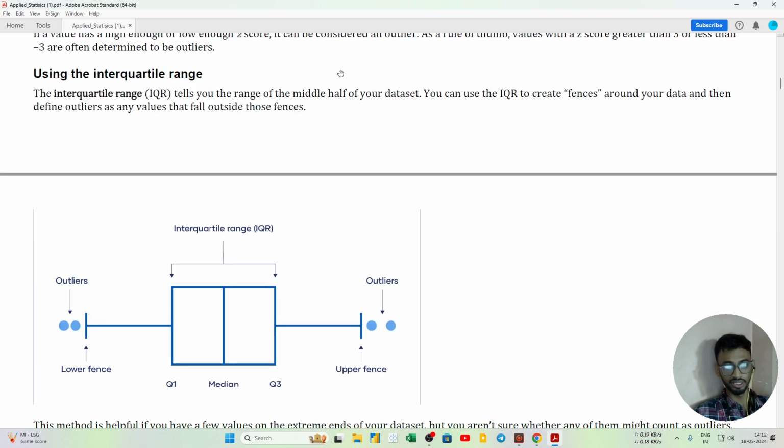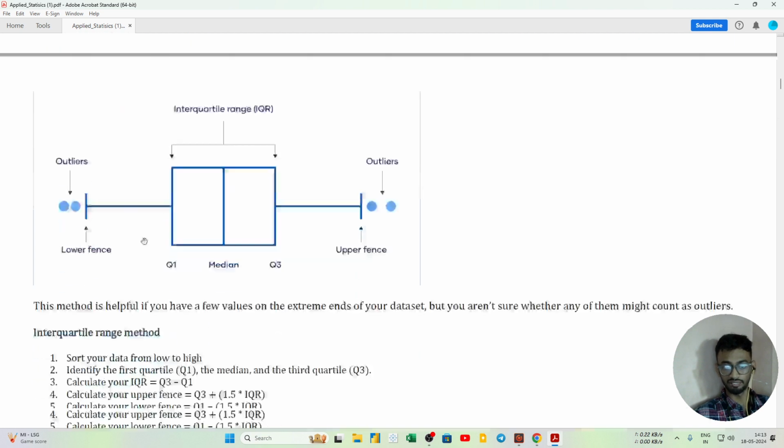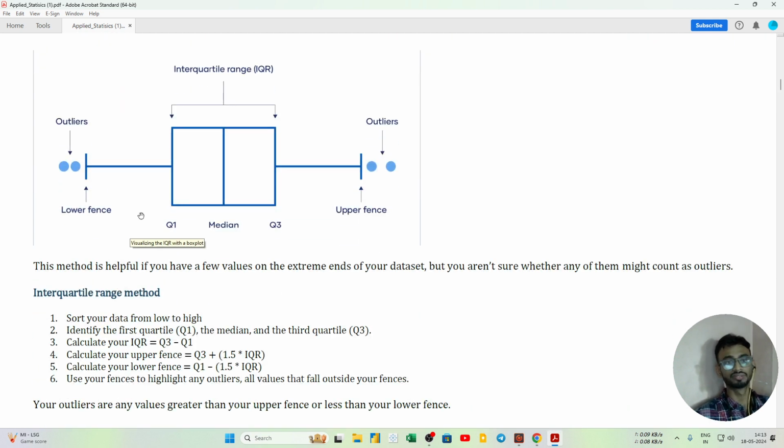And for using the interquartile range, the interquartile range tells us the range of the middle half of our dataset. You can use the IQR to create fences around your data and then define outliers as any values that fall outside the fence. So this is the structure of a box plot. In the box plot, this is the lower fence, this is the upper fence, and this section is called the interquartile range or IQR.